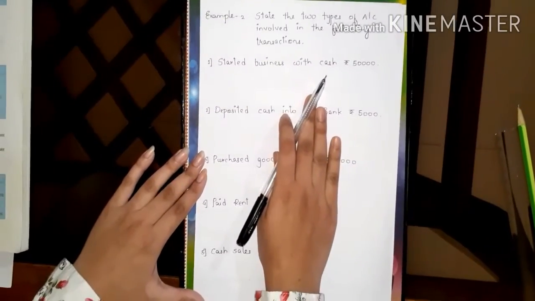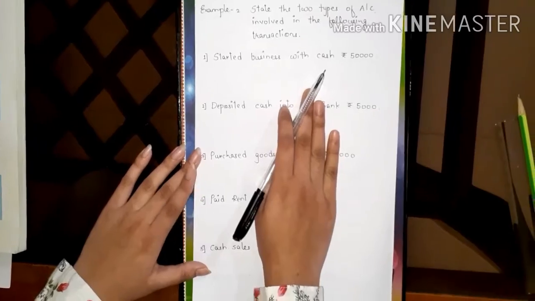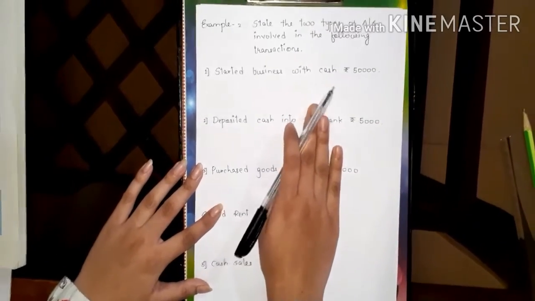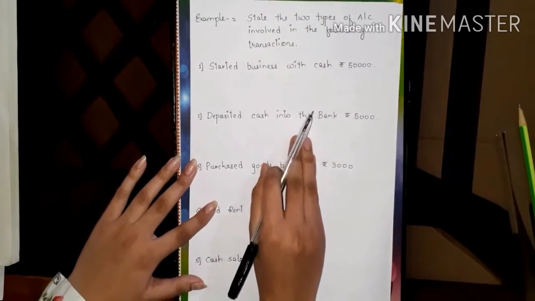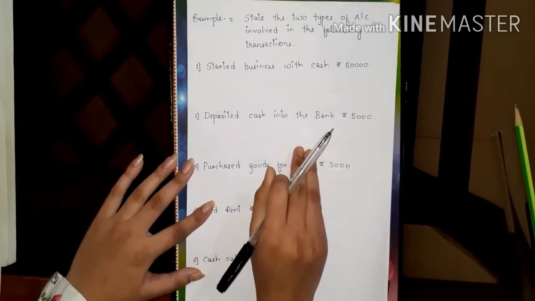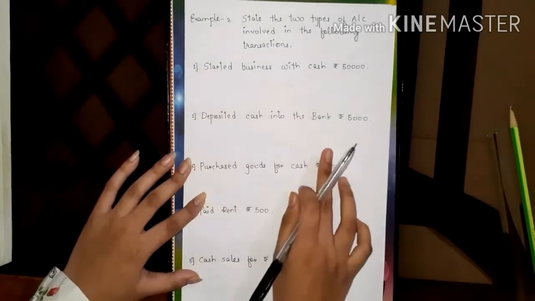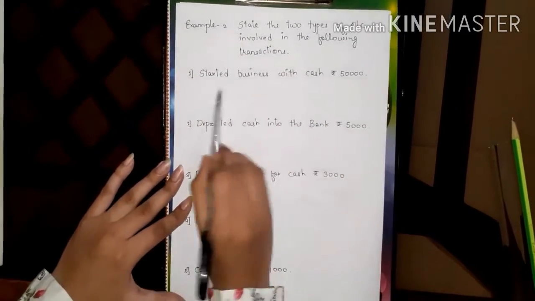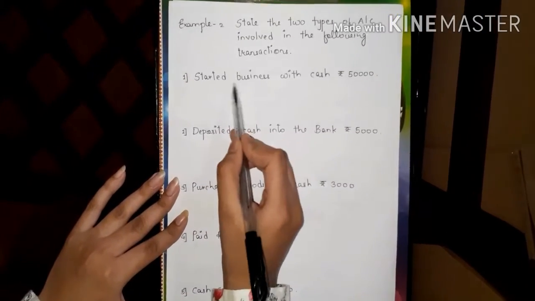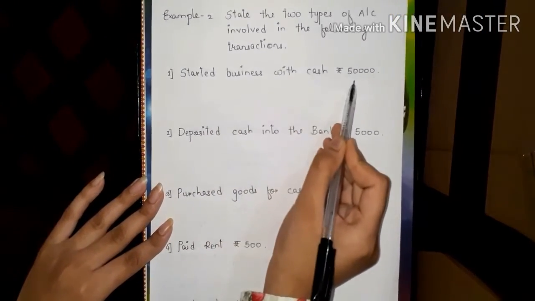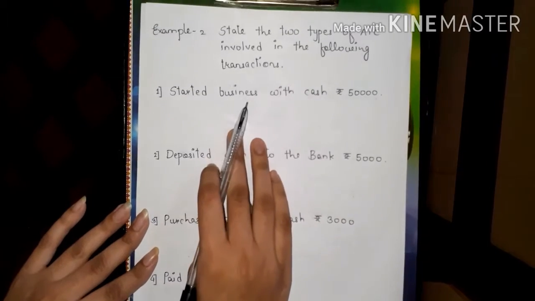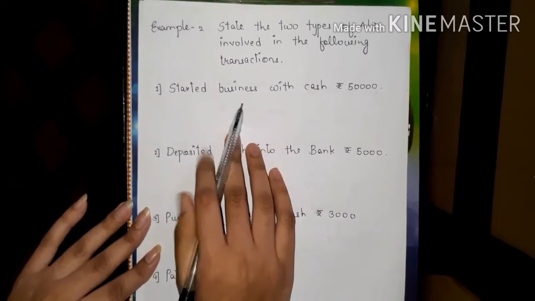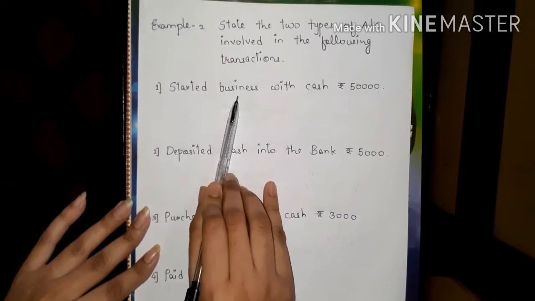So here is the example. As I told you, we are going to have a quiz on the previous video so that we can have a recap of what we have learned, how the two accounts are classified. Now let's take the first transaction. Started business with cash rupees 50,000. We have already seen in my previous video which two accounts are in this transaction.